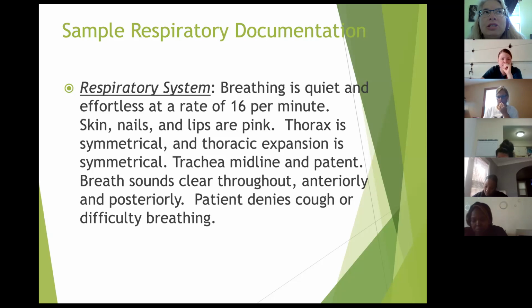Basically, if your patient is breathing and talking to you and they're pink, their trachea is patent. It would not be patent if they were choking or something like that.